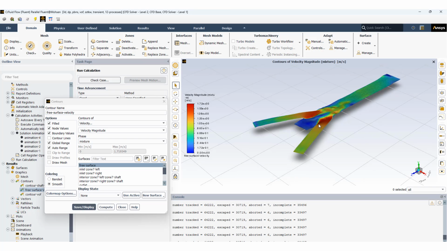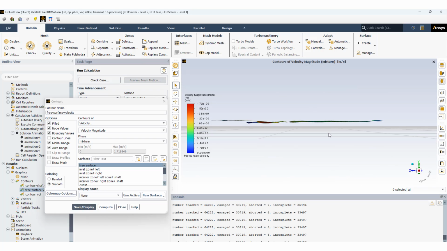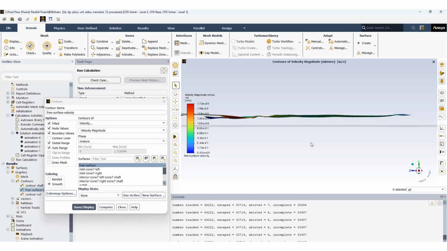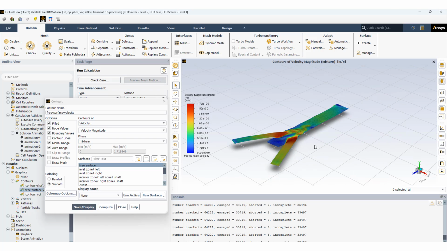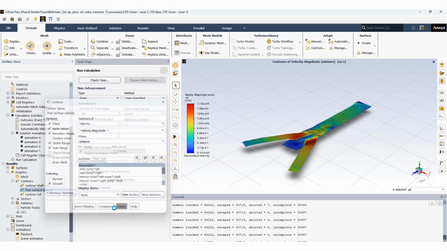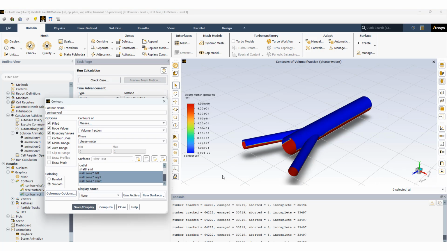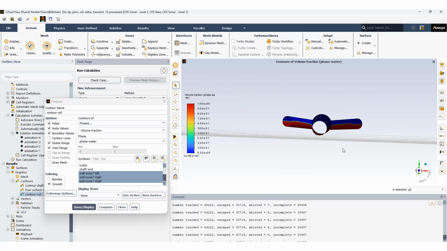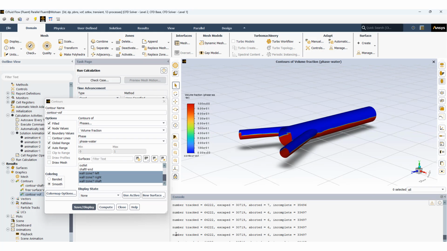It is a wavy free surface, based on the waves that travel there, and it also affects the flow into the branches. And for the volume of fluid, this is what we can see, where the water is in the branches and in the main tube.